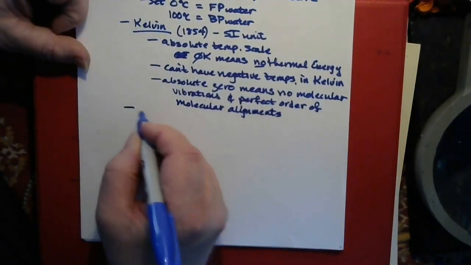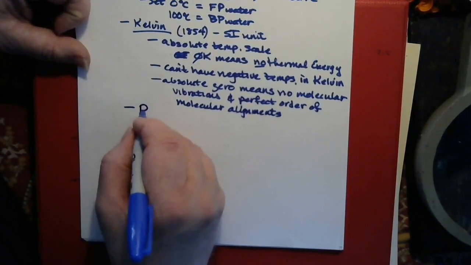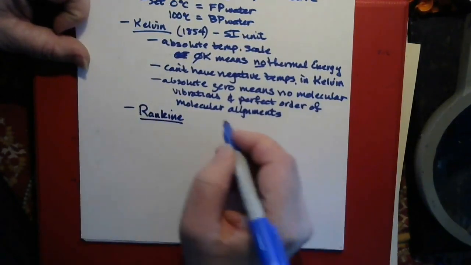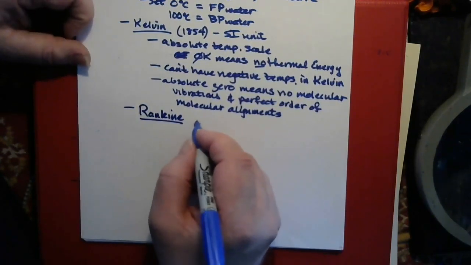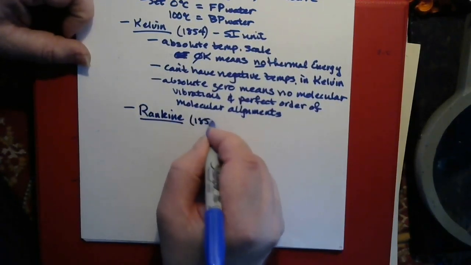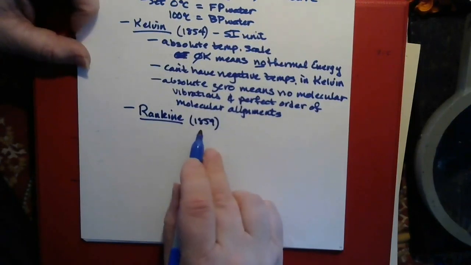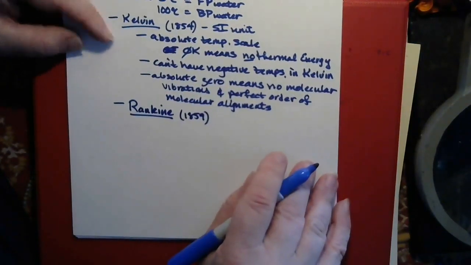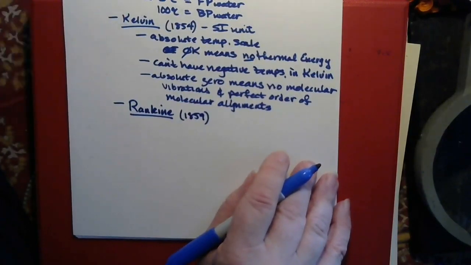Actually, there is one more temperature scale that I'll just mention, and that is the Rankine temperature scale. Interestingly enough, the Rankine temperature scale is actually newer than Kelvin, even though Rankine is based on Fahrenheit and Kelvin is based on Celsius.